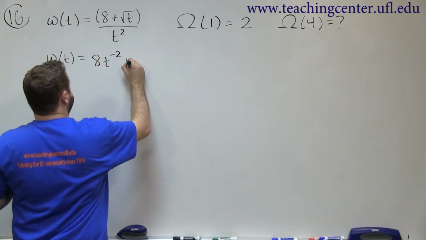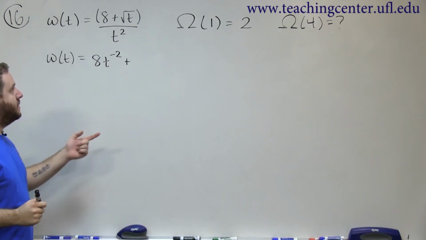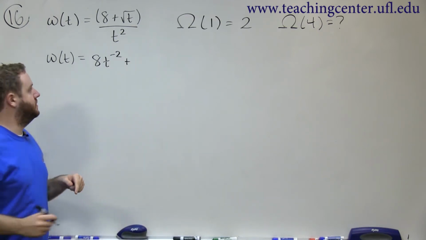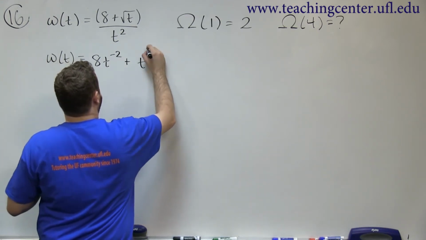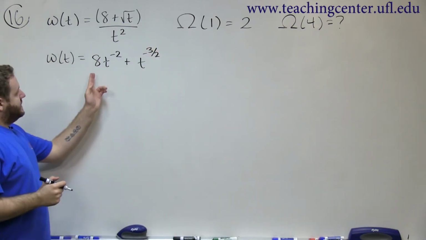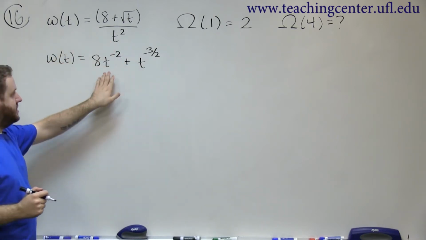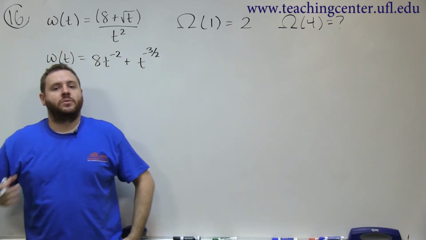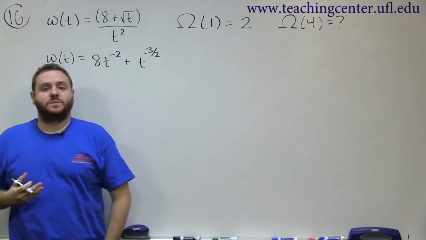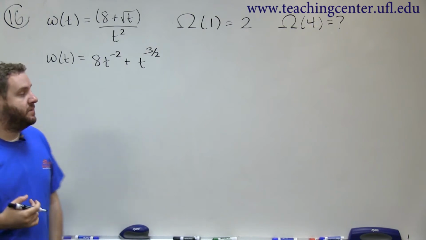The second term, plus, we have square root of t over t squared. That's t to the 1/2 divided by t to the 2, which is t to the negative 3/2. This expression is exactly equivalent to the fraction. It's just separated term by term and written with negative exponents instead. But that's better because it's a lot easier to take the antiderivative of.